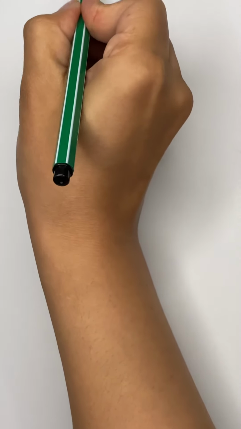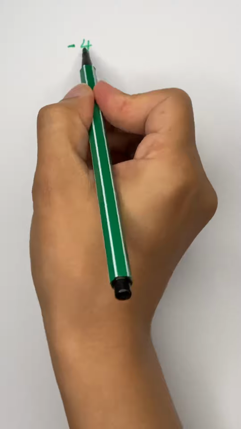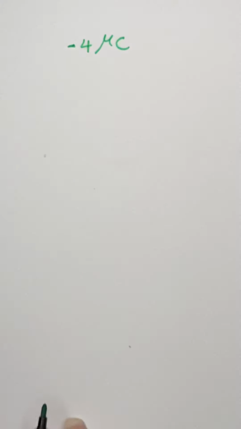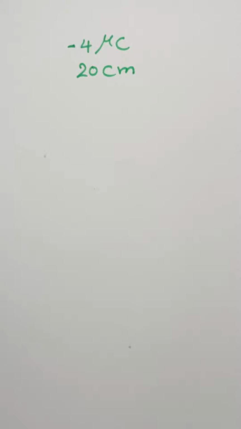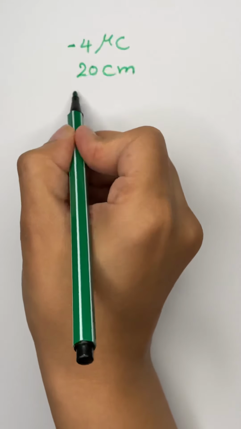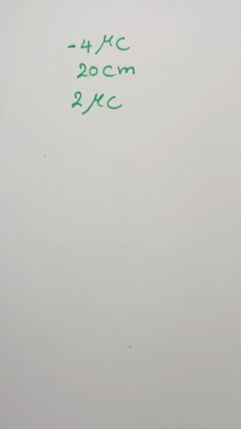It's minus 4 microcoulomb charge that lies 20 centimeters to the right of a 2 microcoulomb charge on the x-axis as shown below.